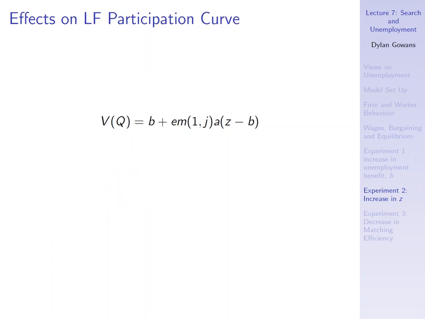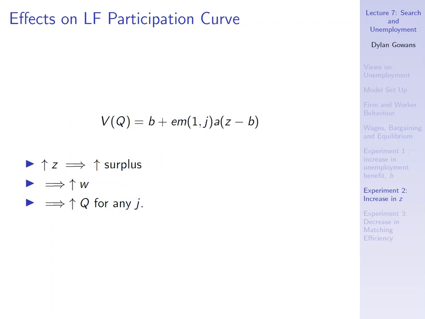What about the labor force participation curve? So again, we see Z here. It starts because an increase in Z is going to increase total surplus. And therefore, as a worker, that means that my surplus as well will go up. Or put another way, my wage is going to go up. And therefore, when I do match, I will get more.